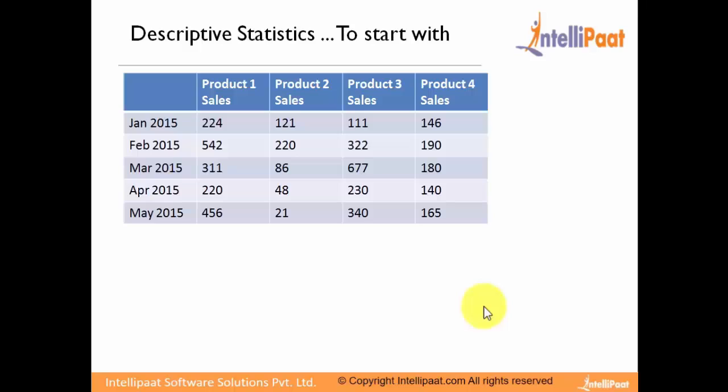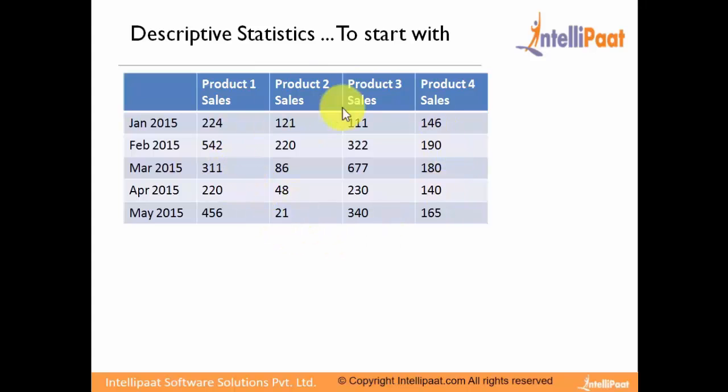Let us take a very simple example here. In this example, I am showing product 1 sales, product 2 sales, 3 and 4 in different months, starting from January 2015 to May 2015. Looking at this data, what can we really infer?